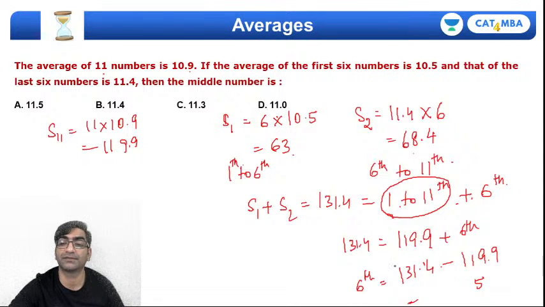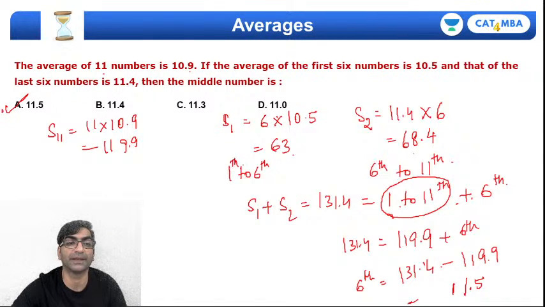Right, so I'm getting 11.5, that's option A.